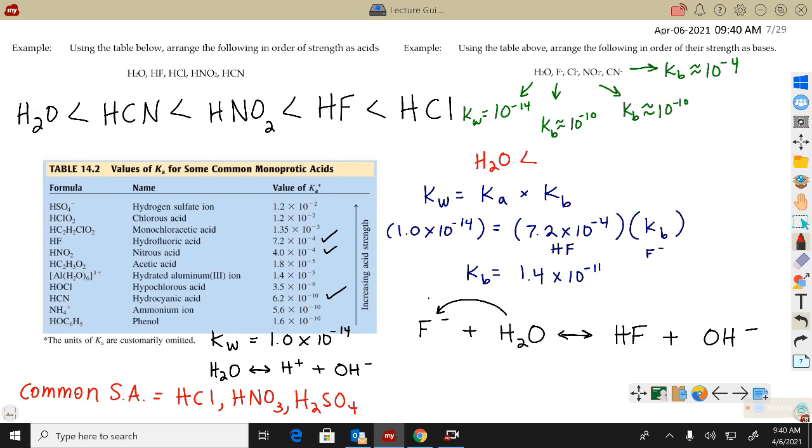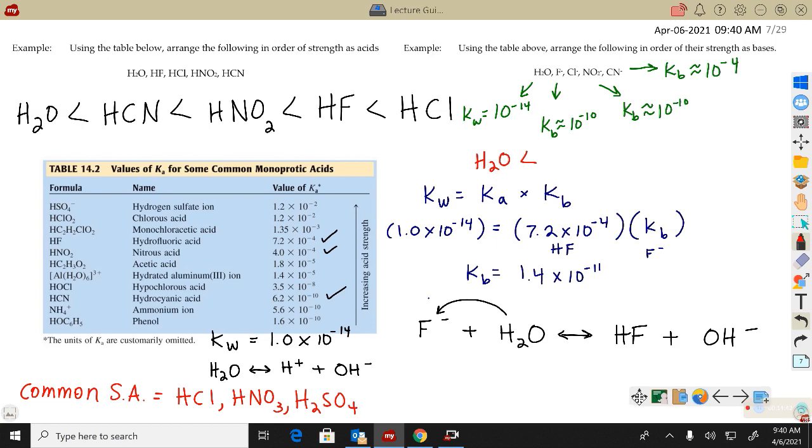Well, guess what? The stronger acid means that it has a higher tendency of going forward. And so the HF is just a little bit stronger as an acid, which means it's more likely to go forward and act like an acid, dissociating to form hydrogen. That means that it's less likely to go in reverse and have the fluoride act like a base.